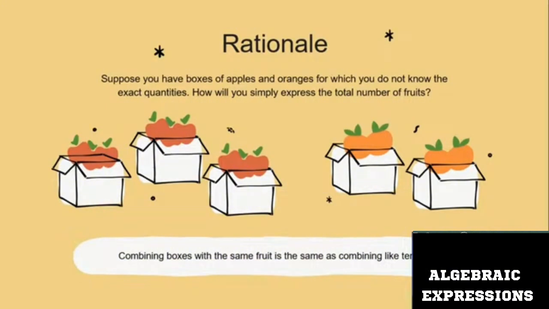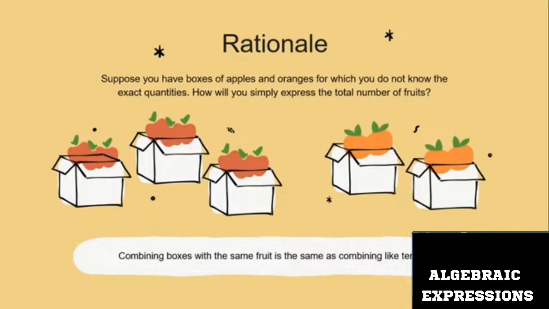If you want to express the total number of fruits, the easiest way would be to combine boxes with the same fruit, so that you are able to work them out. Let's say, for example, in our problem, we've got apples and oranges. So we need to take the apples and put them in the boxes which we label apples, and then we have the other boxes for oranges.